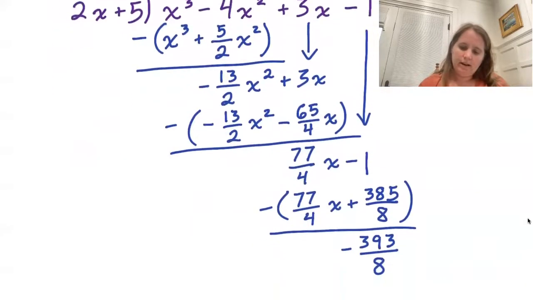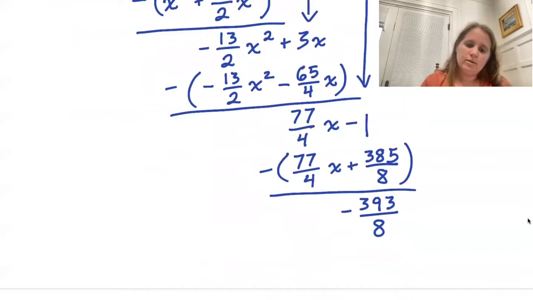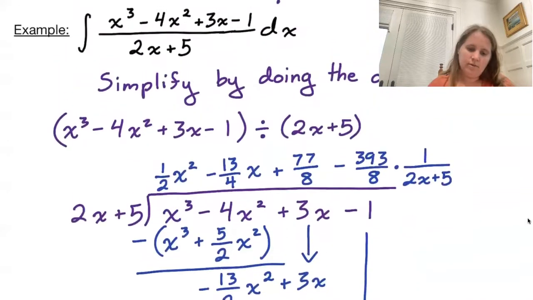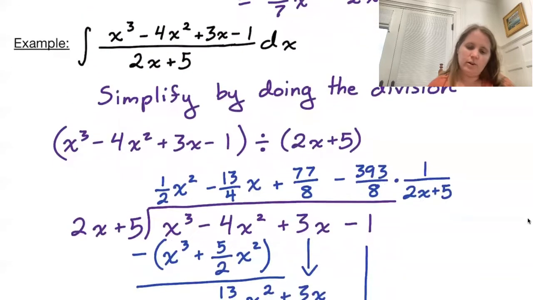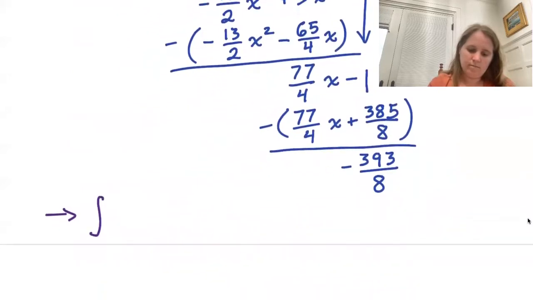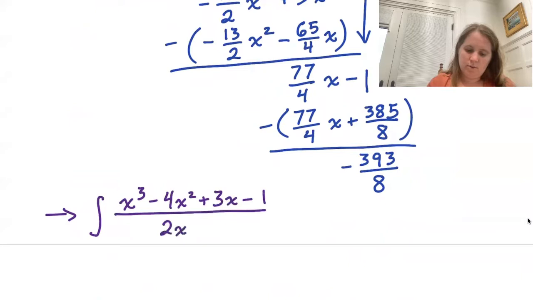So what we get is the integral we were trying to take. So we were looking at the integral of x cubed minus 4x squared plus 3x minus 1, all over 2x plus 5 dx.